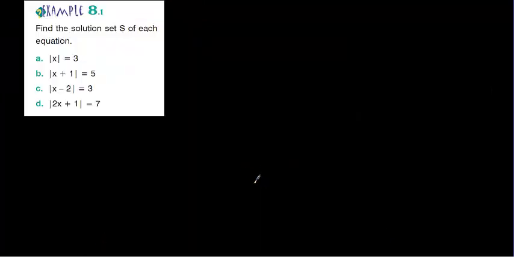Okay, here there are some exercises, and we have to solve them. I'm going to start with the absolute value of x is equal to 3. As I mentioned before, if we have an absolute value, we have to think about 2 different solutions.